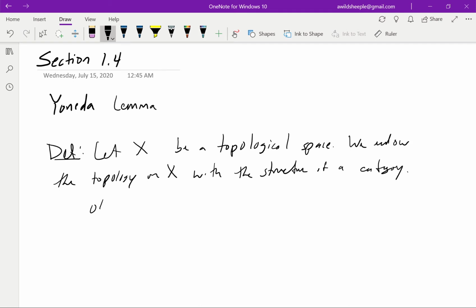We declare the objects of this category. What should I call this category? Maybe I'll call this T, because a topological space is typically denoted by (X, T). So the objects of T will just be the elements of T, in other words, the open sets.